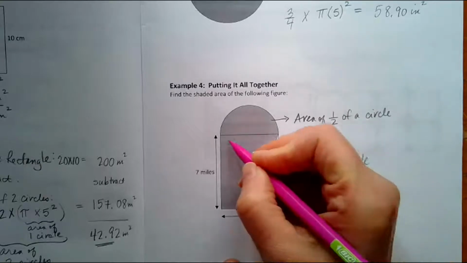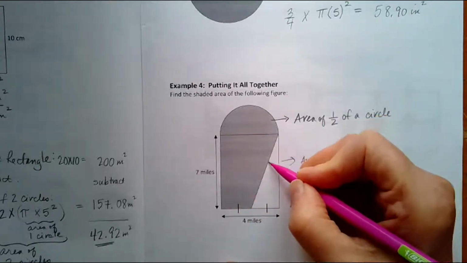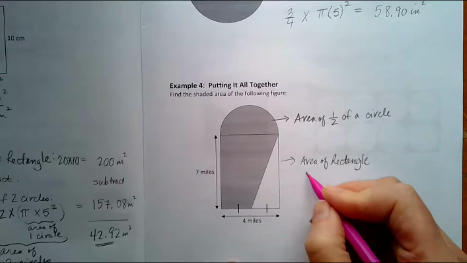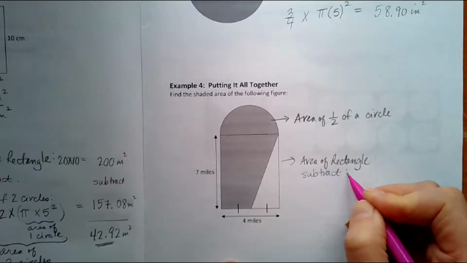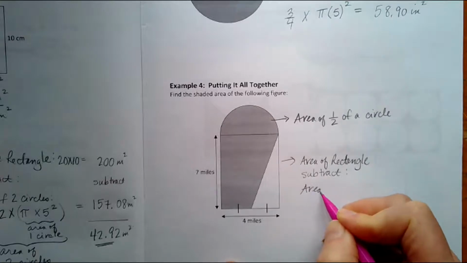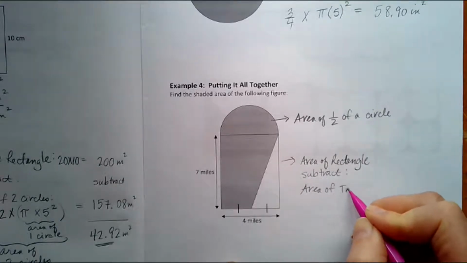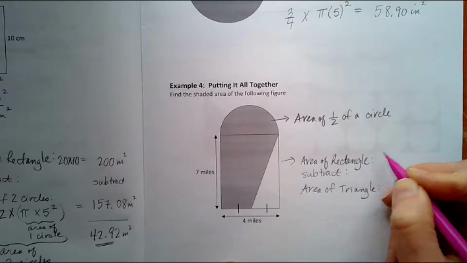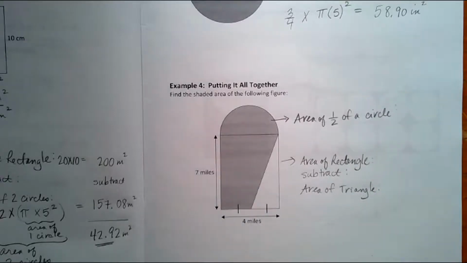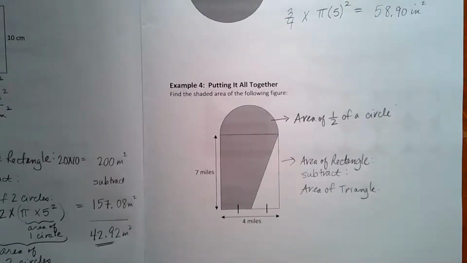So I see the area of this rectangle, and I see the white part is a triangle, and therefore I'm going to subtract the area of the triangle. So there's just a lot going on in this question, right? So let's find the area of the circle first, and then I'm just going to multiply by 1/2 the area.